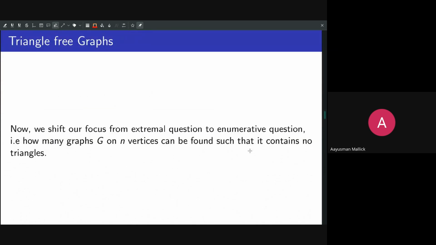Isomorphism means both graphs are equivalent: we can find a bijective function from one graph to another such that all the relations of the first graph are maintained in the second graph.